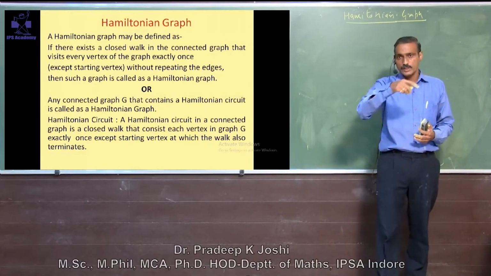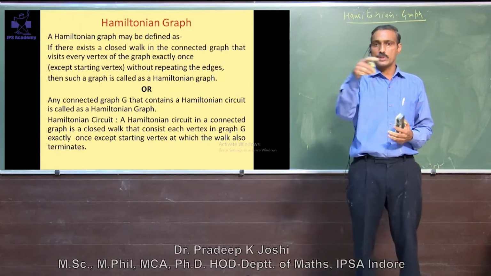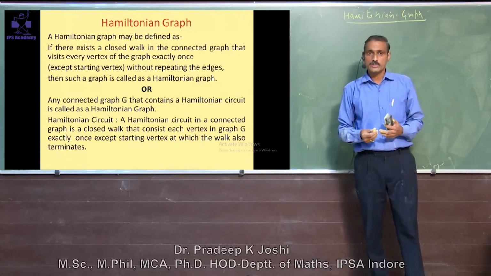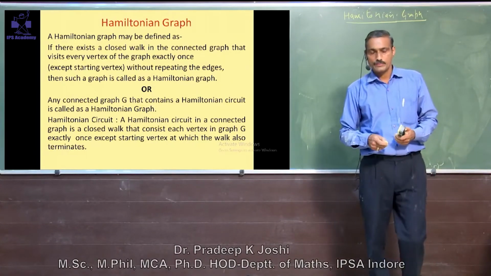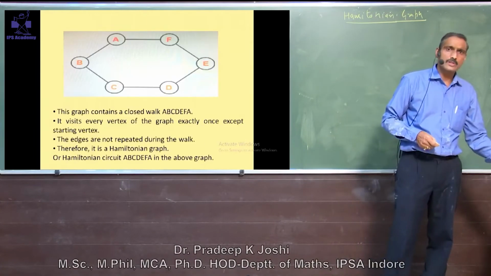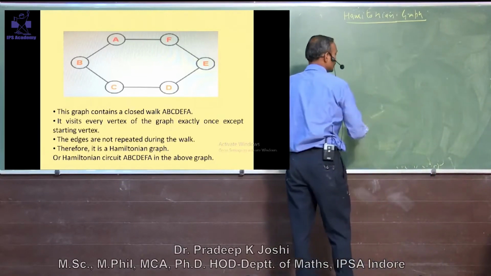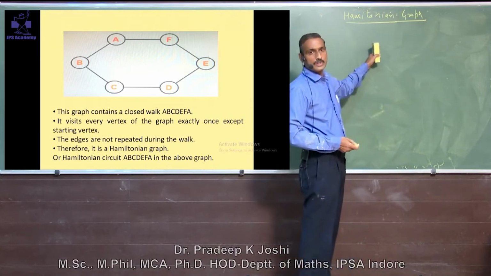That means we visit all the vertices of the graph and again return to the initial vertex. Then the graph having the Hamiltonian circuit is known as a Hamiltonian graph.